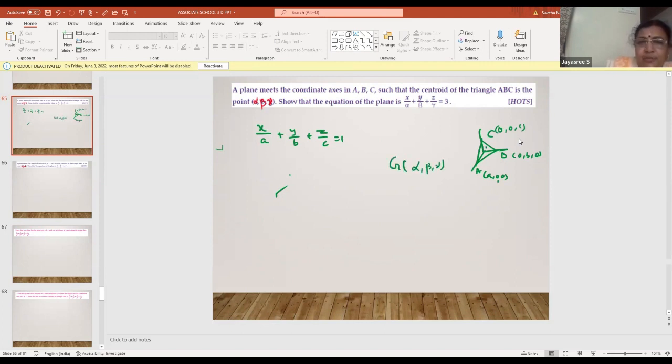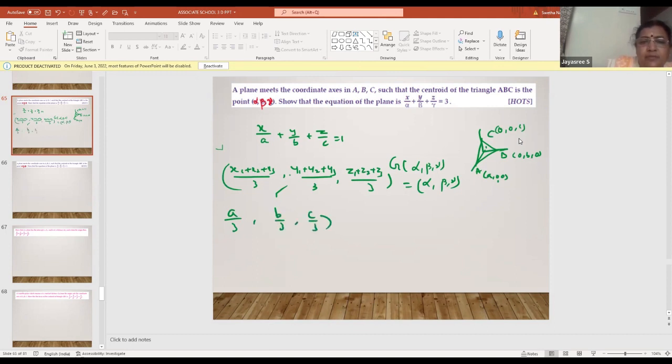Using the centroid formula, (x1 plus x2 plus x3) by 3, (y1 plus y2 plus y3) by 3 and (z1 plus z2 plus z3) by 3, which is alpha, beta, gamma, and substituting the respective points, a by 3, b by 3 and c by 3 will come, that is alpha, beta, gamma.